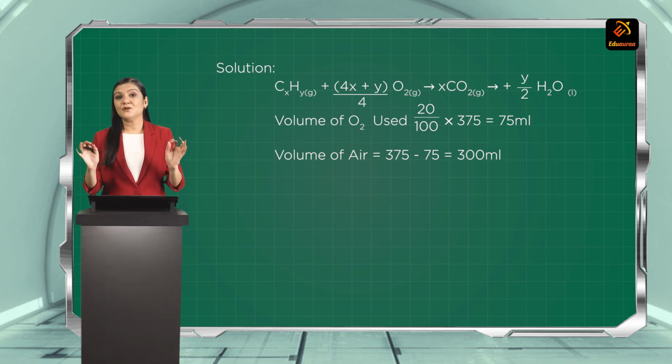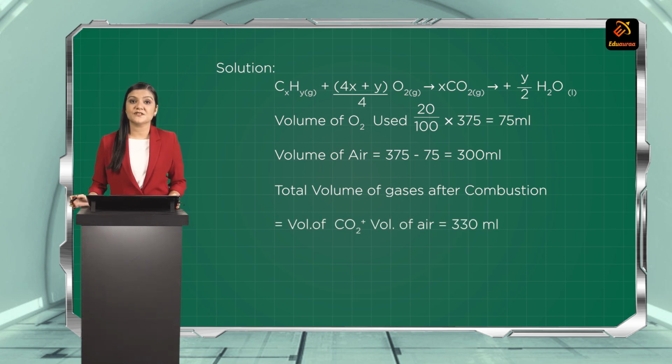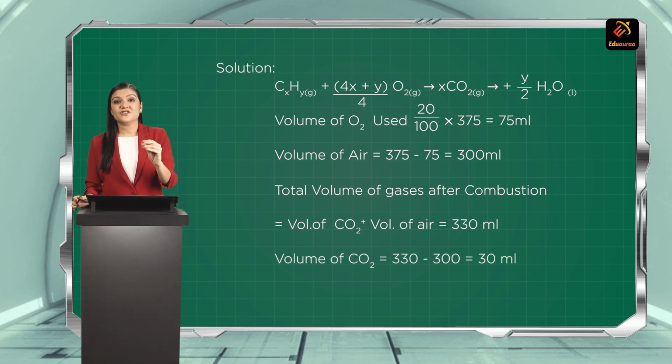Now, if I check the total volume of the gaseous components after the combustion, then we have air and CO2. Therefore, the total volume of gases after combustion is the volume of CO2 plus the volume of air, which is equal to 330 ml. Now, the volume of CO2 is equal to 330 minus 300, because 300 is the volume of air, and the answer is 30 ml.